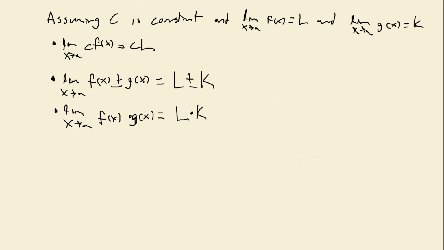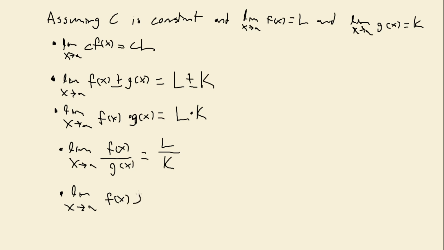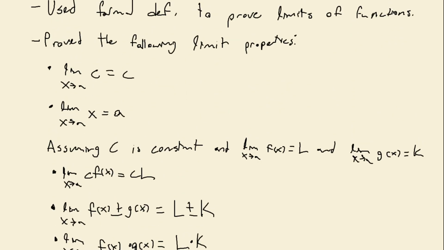We proved that the limit as x approaches a of f of x over g of x is equal to L over k. And we proved that the limit as x approaches a of f of x to the power of n is equal to L to the power of n. It's a terrible n. Let's redo that. Boom. And so that is what we covered in this video.